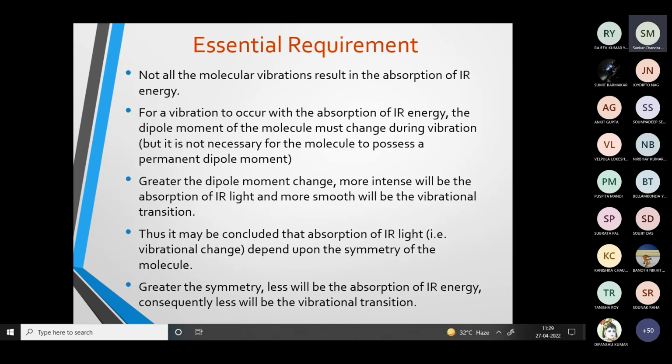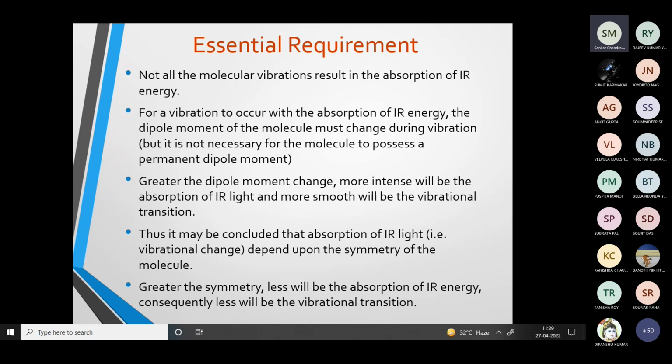Okay. So the essential requirement, the fundamental characteristic for an infrared spectrum, to provide the infrared spectrum of a compound, is that the dipole moment changes due to vibration, bending or stretching within the compound. If the dipole moment changes, then it will be IR active.